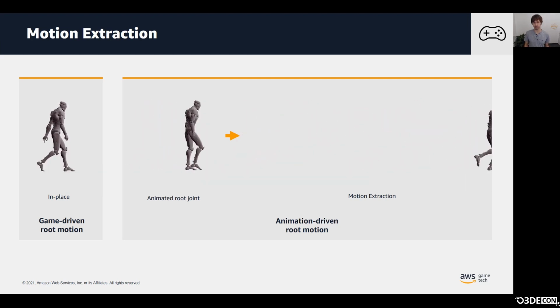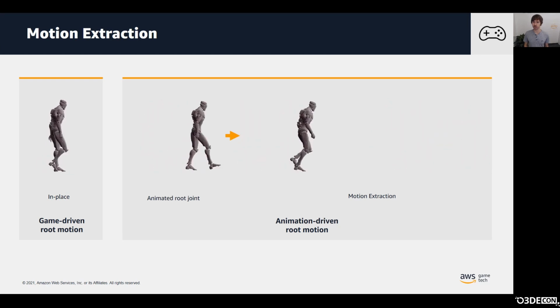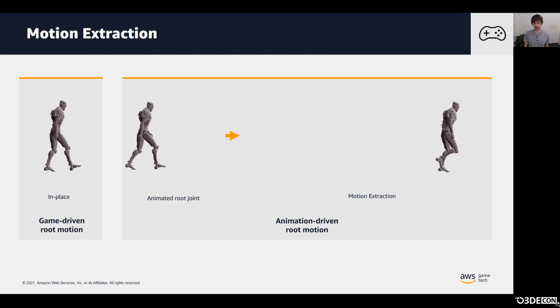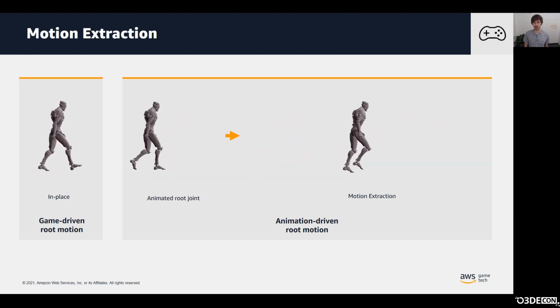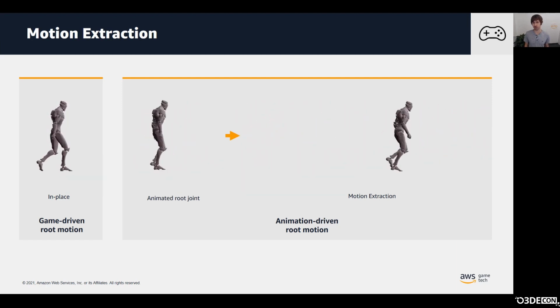What happens internally? There is a motion extraction joint, which is basically projected to the ground plane version of the pelvis joint. And with each game tick, we calculate the change in this joint, as in a delta position and rotation around the up axis.